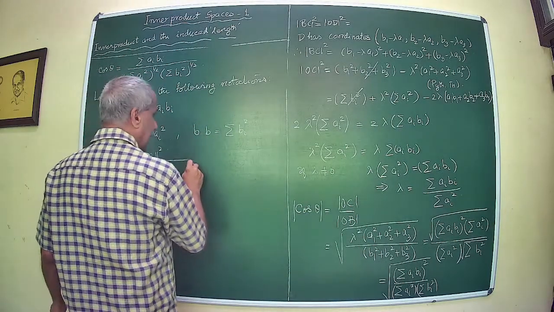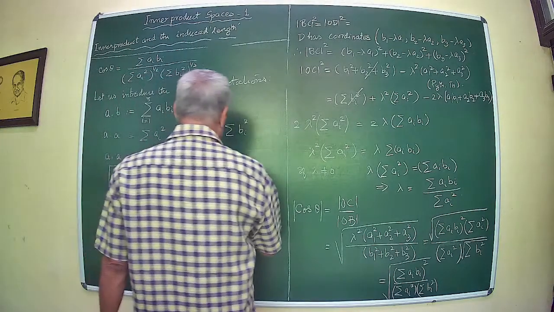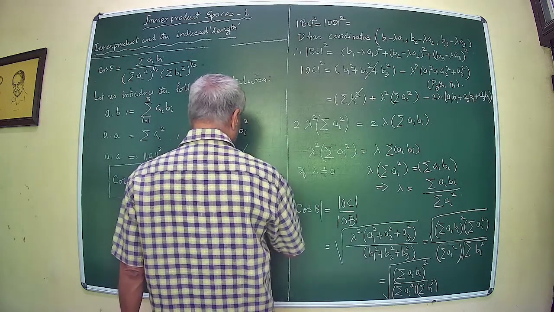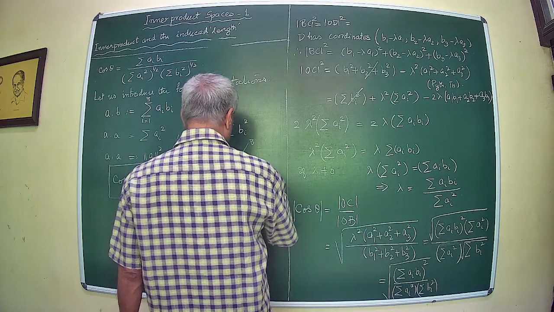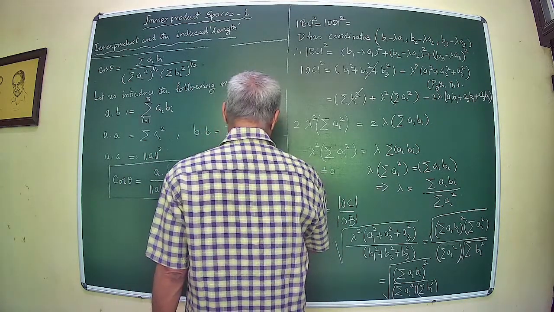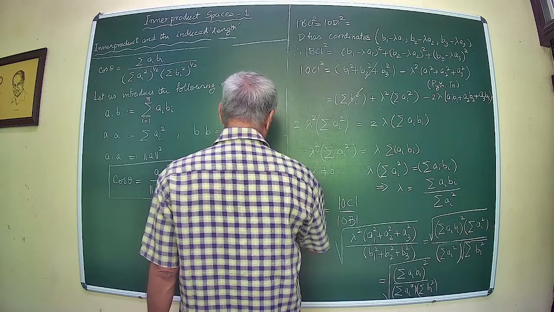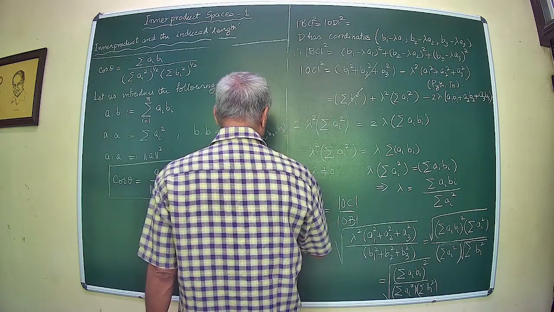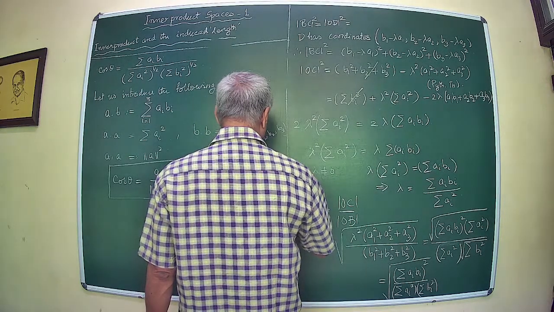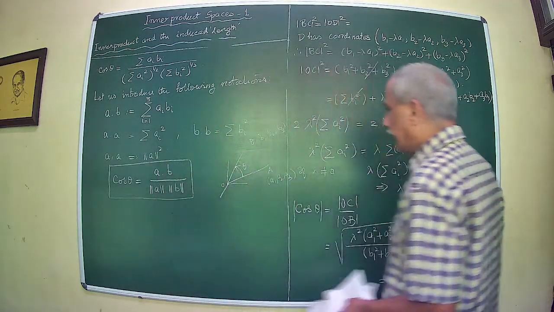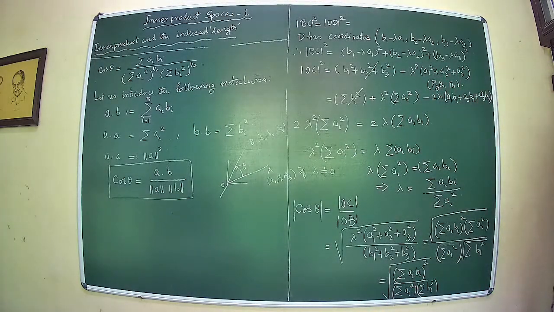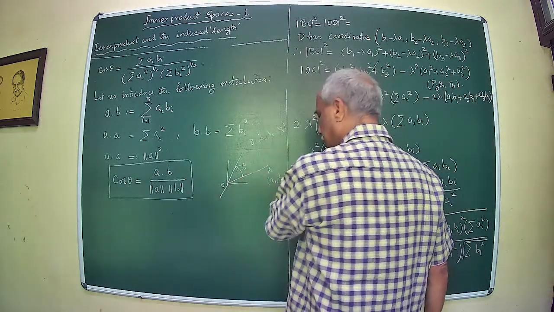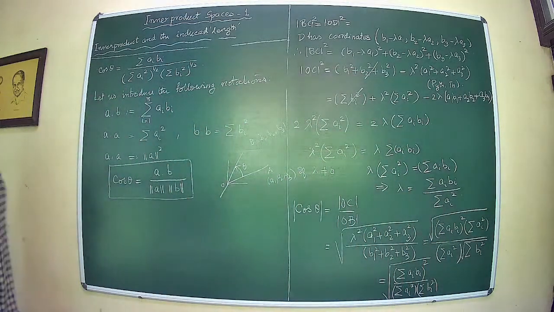I mean, this is essentially the angle between the vectors. See, this is what you have, and lambda times A is essentially the projection of OB on the line generated by OA.